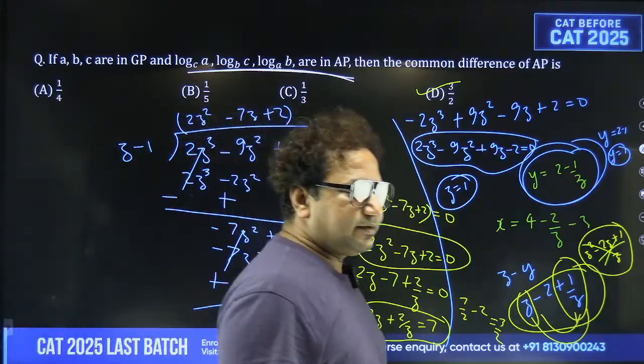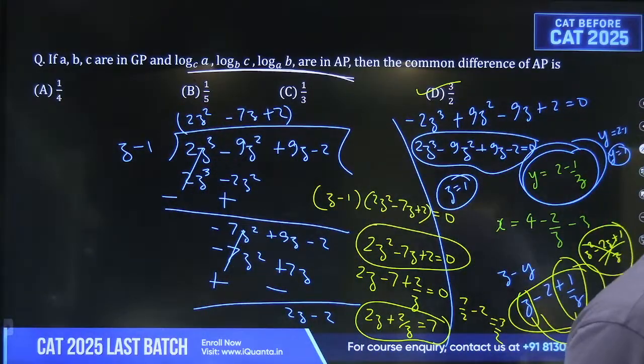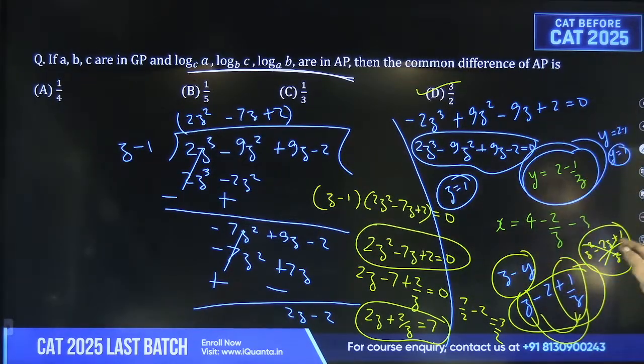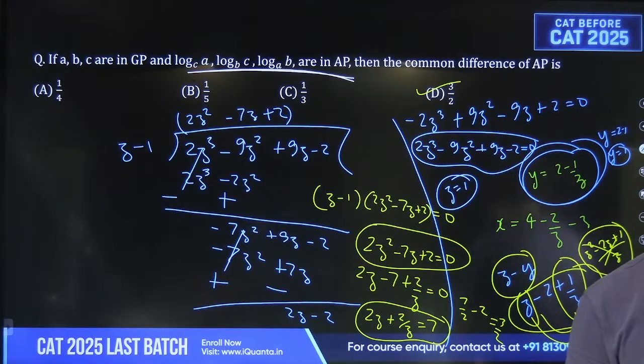All of you, is that clear? Ayush, what difference? The common difference. This was the value of z minus y. It has become very messy, but I think the yellow coding is visible here. This is the common difference that we had to calculate. This is a difficult question, obviously.